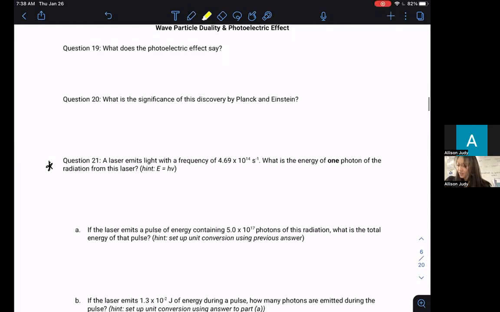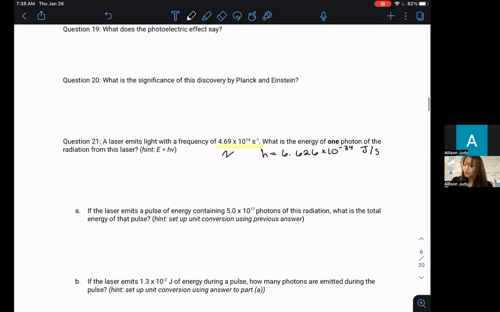So what you would do here is you know that you are given the frequency, which is nu, and it looks like a V, but with a little tail. And you're asked to find energy, and you know that h is Planck's constant. Planck's constant is 6.626 times 10 to the negative 34 joules per second.